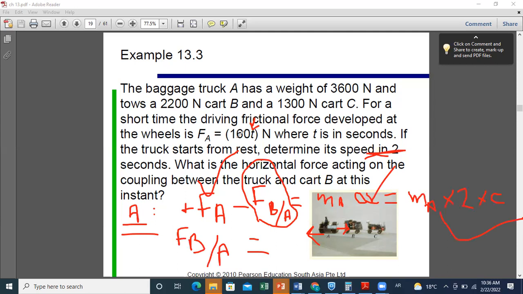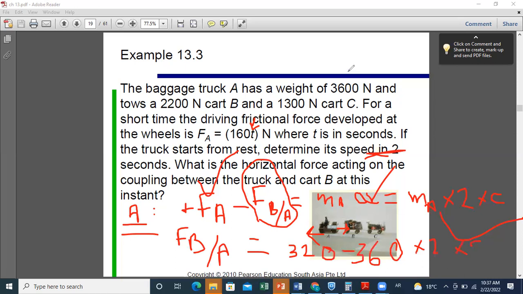I get 320. So F of B on A is 320 minus M_A, which is 360, times 2 times the constant. Now, this is the first method to get the coupling force.